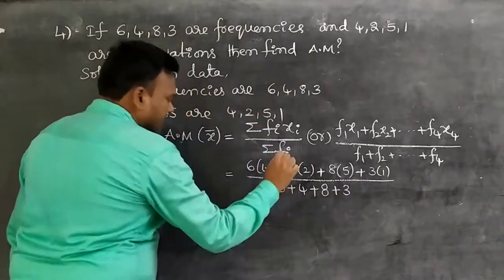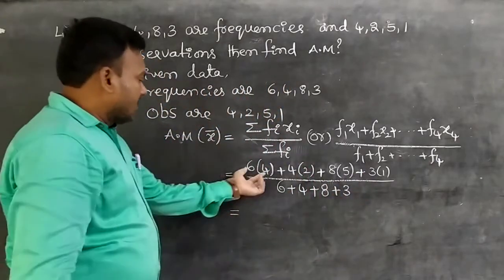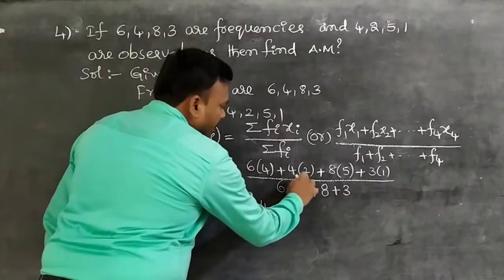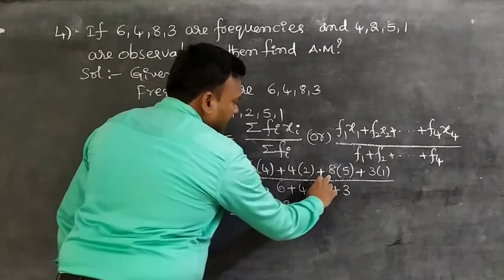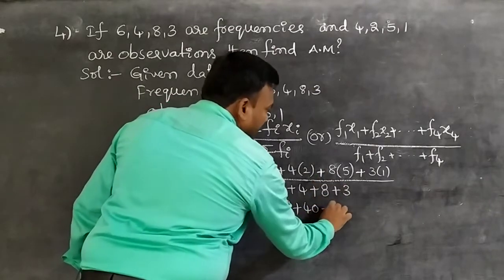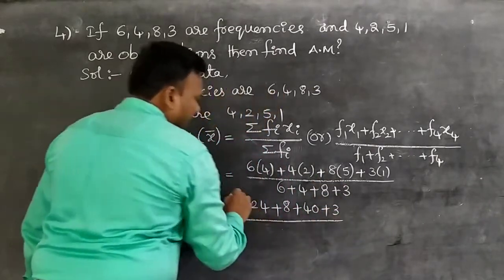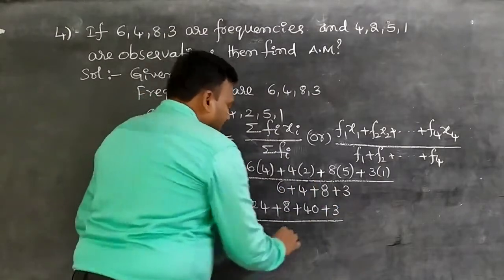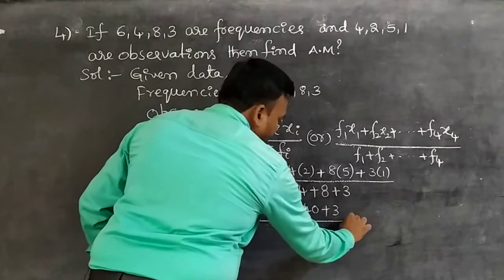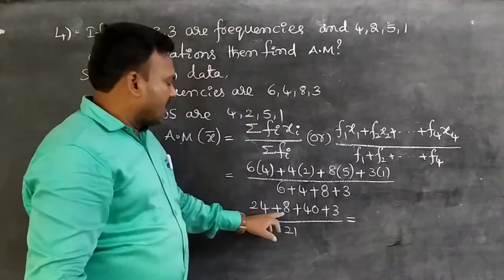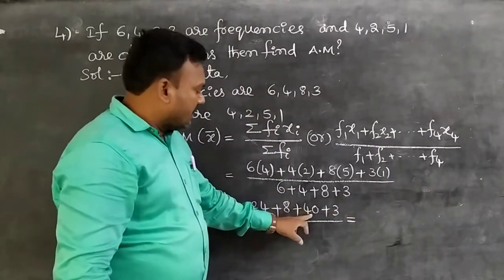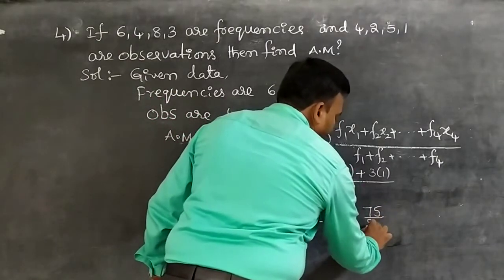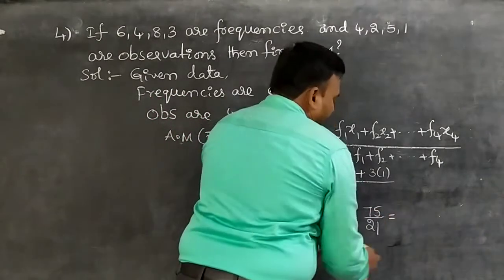That gives 24 plus 8 plus 40 plus 3, by 21. Finally, 24 plus 8 is 32, 72, 75. So 75 by 21.